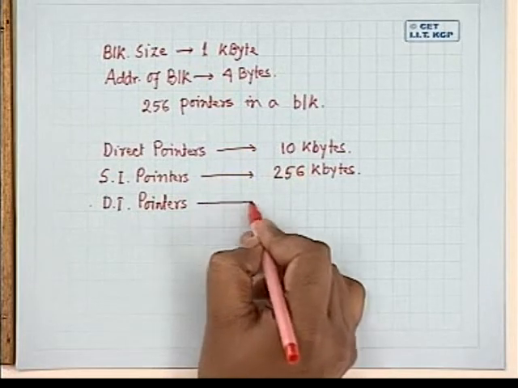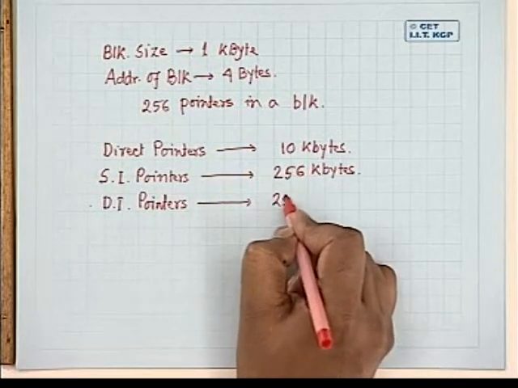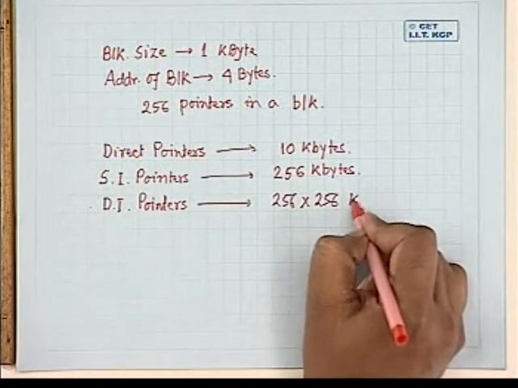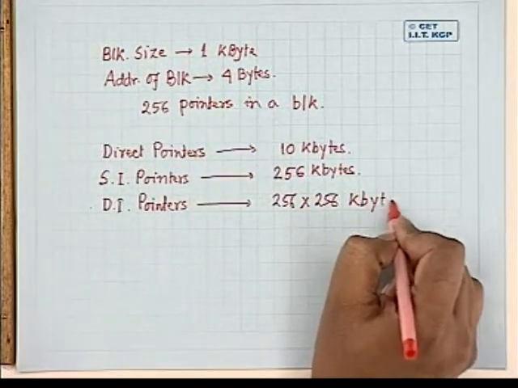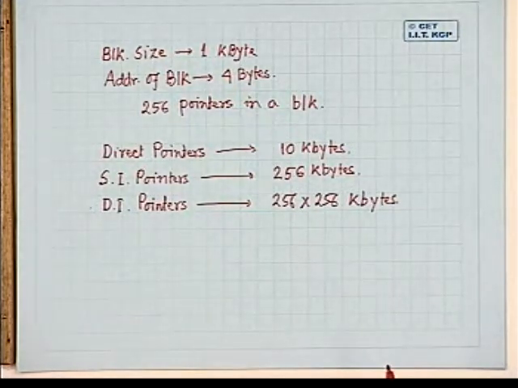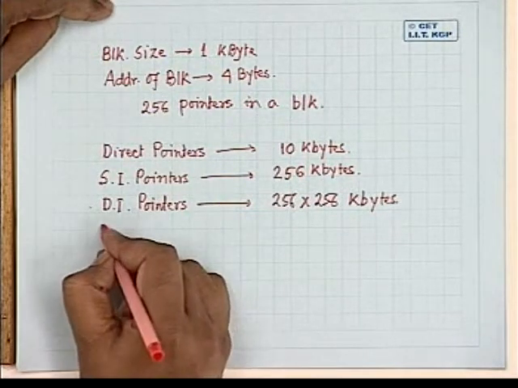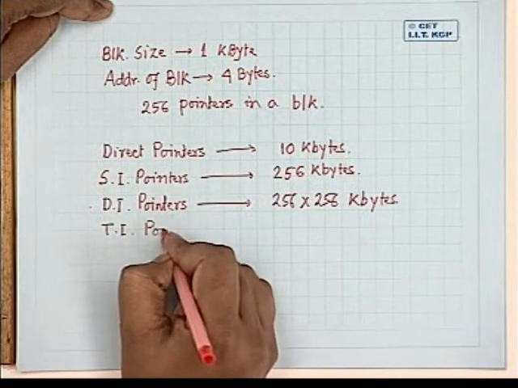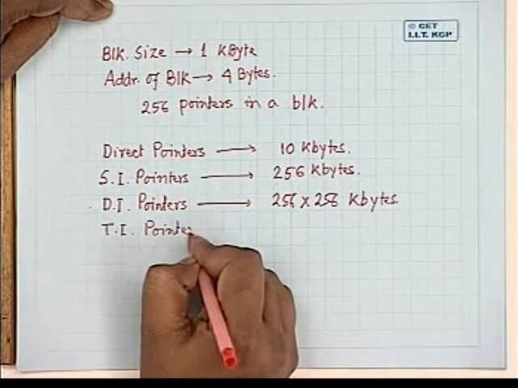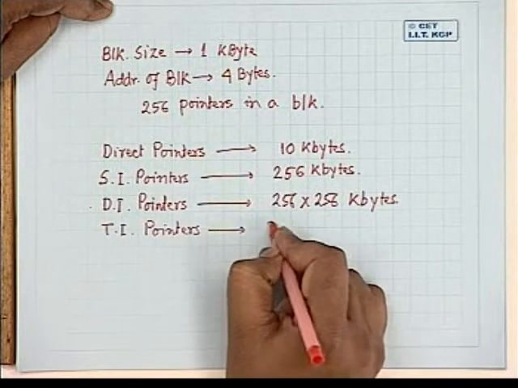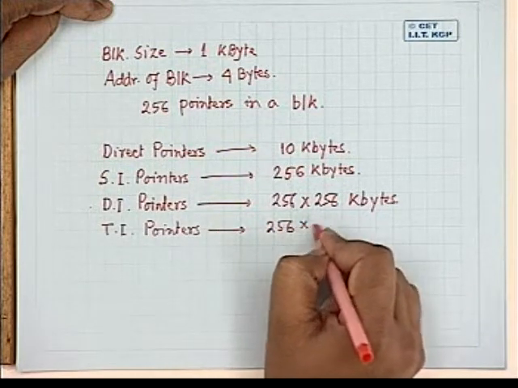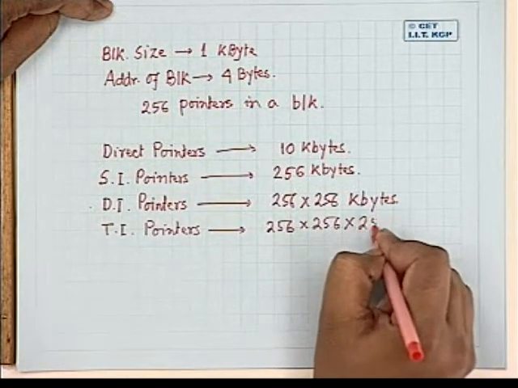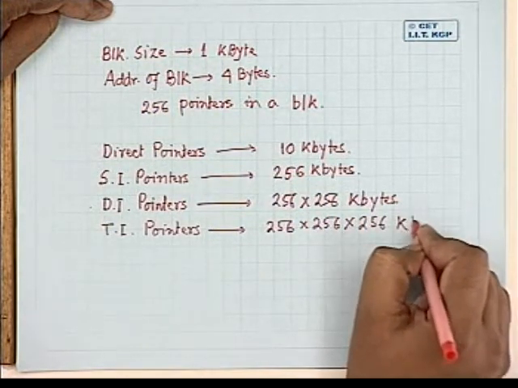Following the same logic, using the triple indirect pointers, I can access 256 into 256 into 256 kilobytes.